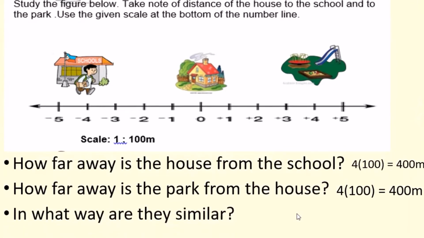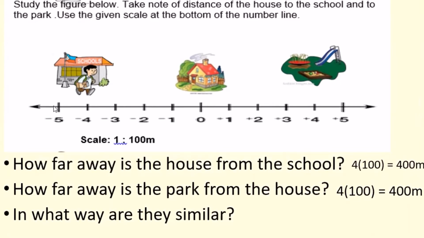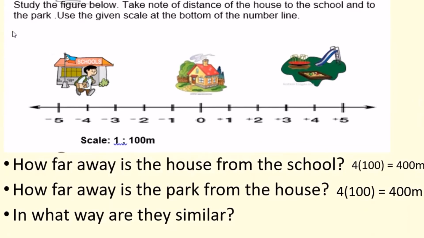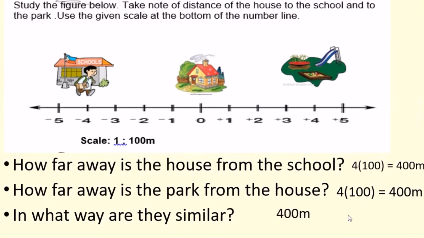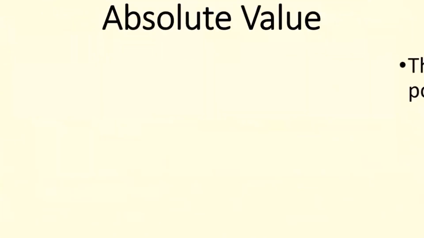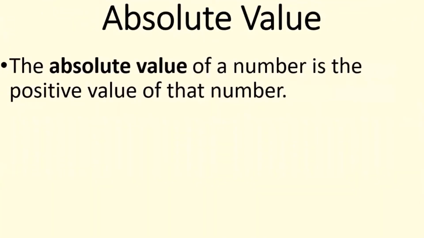Next question, in what way are they similar? They have the same distance. Distance from school to the house is equal to the distance from house to the park, which is 400 meters. So therefore, an absolute value of a number is the positive value of that number.